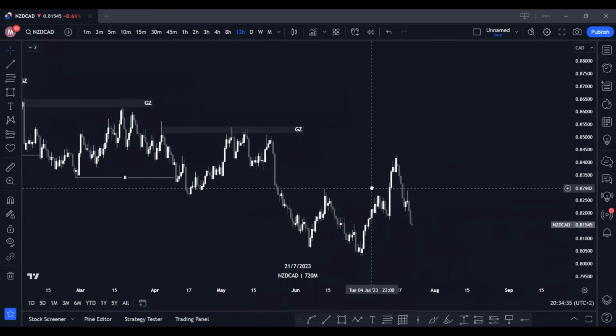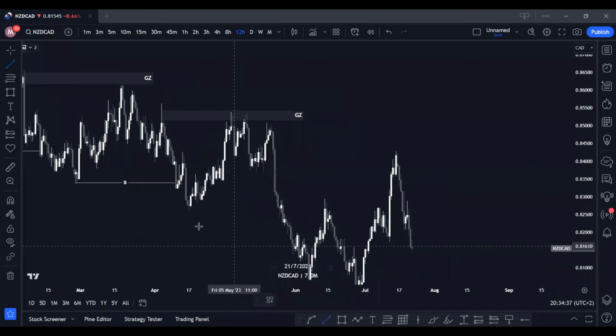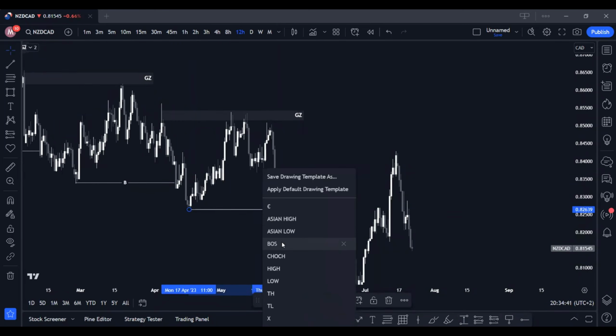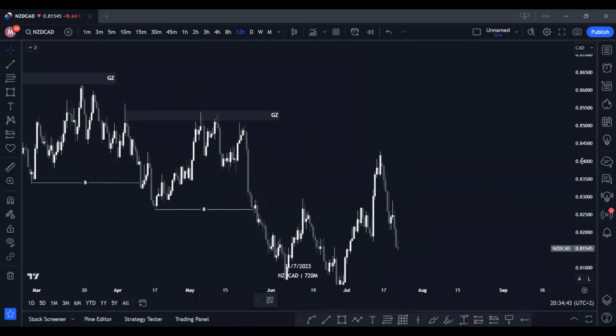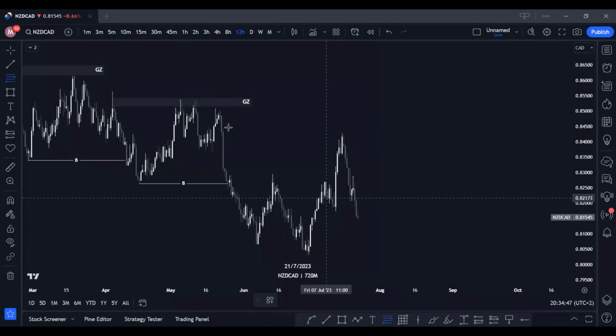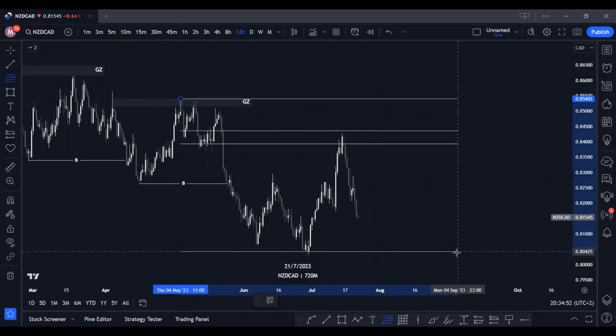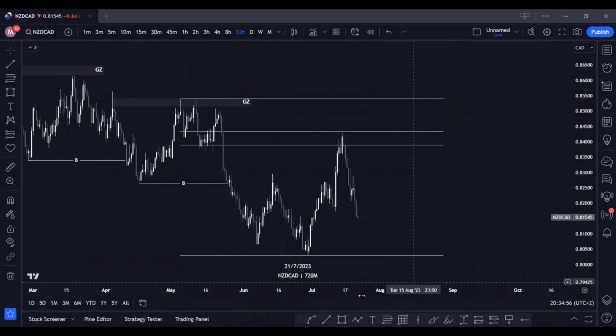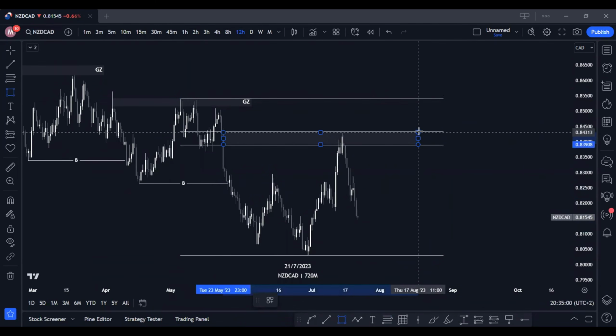Okay, so again, price created a break of structure, and when it creates a break of structure, you look for your selling opportunities by placing your golden zone from your high to your low here. And as you can see, again, price just turned where the golden zone area is.